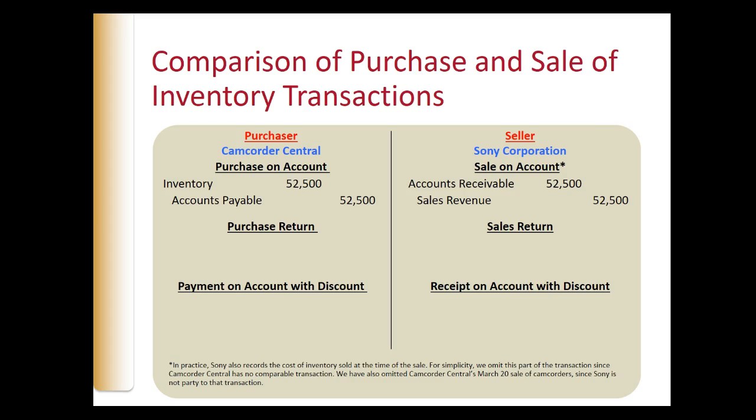For Camcorder Central, the purchase on account is made for $52,500, and Sony records the corresponding sale on account for $52,500. Camcorder Central then returned inventory of $2,500 to Sony. This means that Camcorder Central has a purchase return that's recorded as a reduction to inventory, and Sony has a sales return of $2,500.